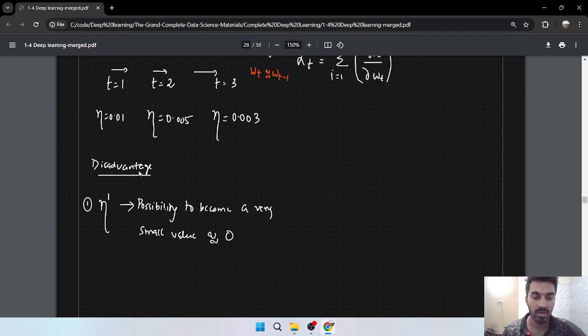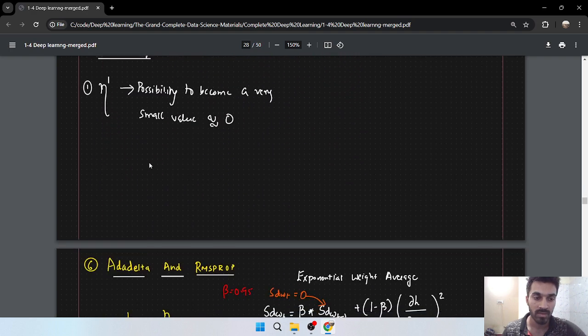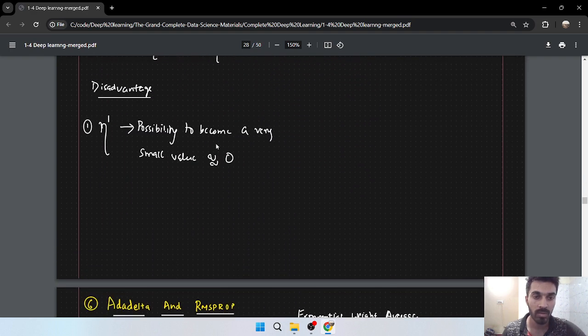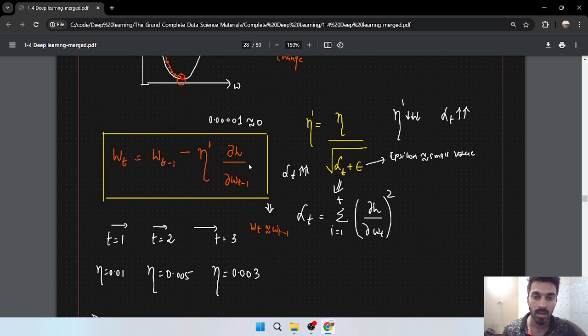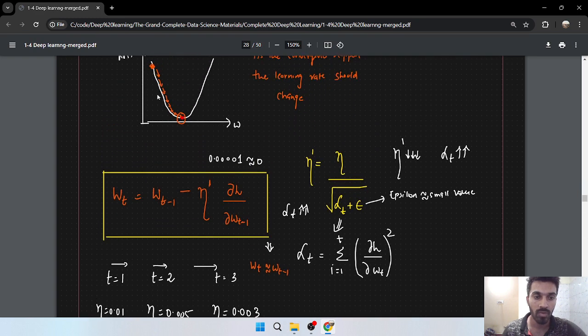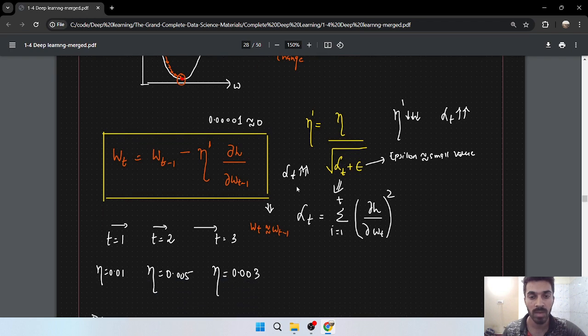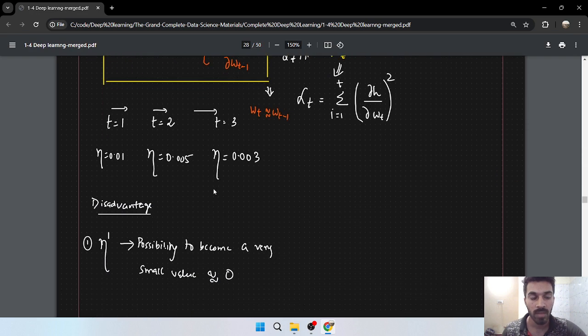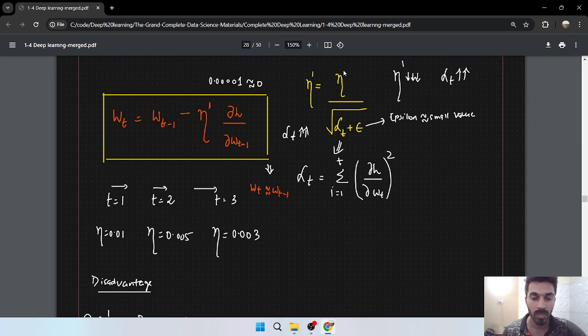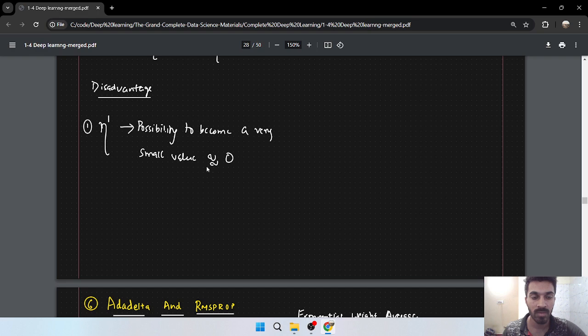So there is a possibility for eta to become a very small value, approximately zero. If every time you divide, your value will keep reducing according to your loss function, so it is possible to approach zero.